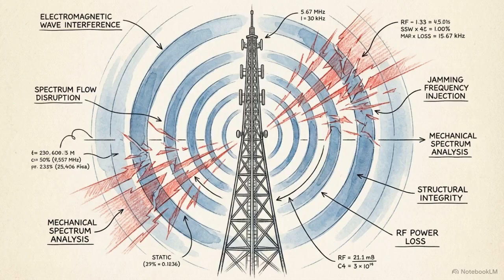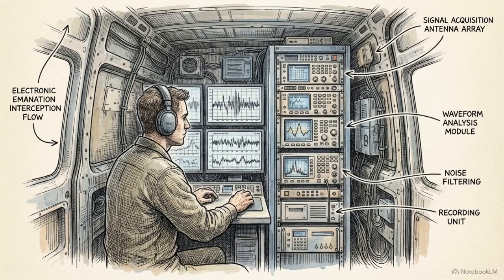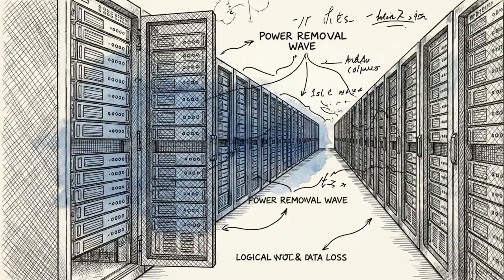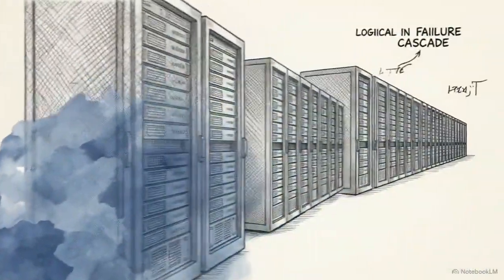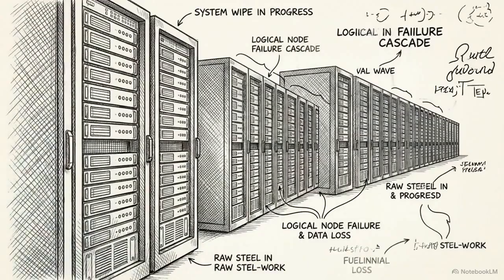Beyond physical destruction, electromagnetic assaults easily disrupt and jam standard electronic transmissions across the targeted spectrum. Furthermore, adversaries intercept electronic emanations leaking from active equipment to gather intelligence before the attack even begins. Electromagnetic weapons represent a massive area of effect cyber-physical attack, capable of wiping out thousands of logical nodes instantly.